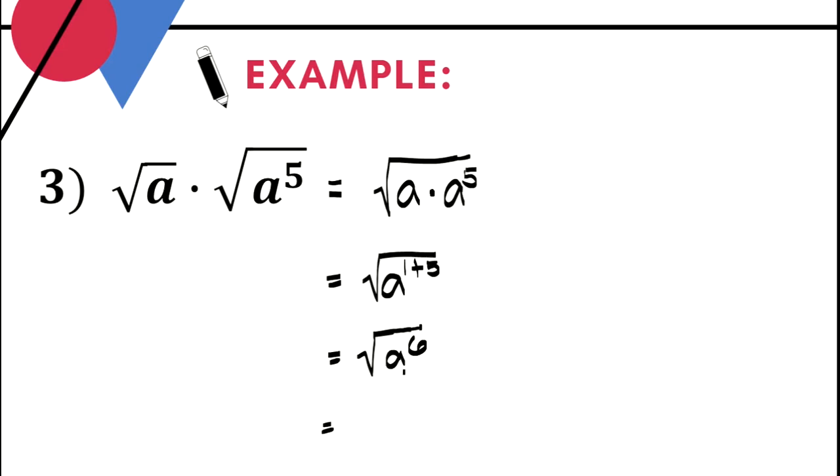A raised to 6 is a perfect square because the exponent 6 is divisible by 2. So extract the square root of a raised to 6, that is a raised to 3, or a cube. So this is now the product of square root of a and square root of a raised to 5.